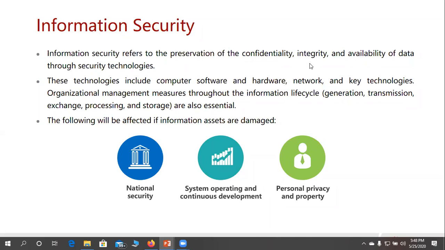Integrity, here we are trying to make sure that information is not altered. This is integrity. Okay, we make sure that information is not altered or hasn't been altered. Okay, and how do we achieve integrity? We achieve integrity through what we call hashing. Okay, we're going to look at that later on.